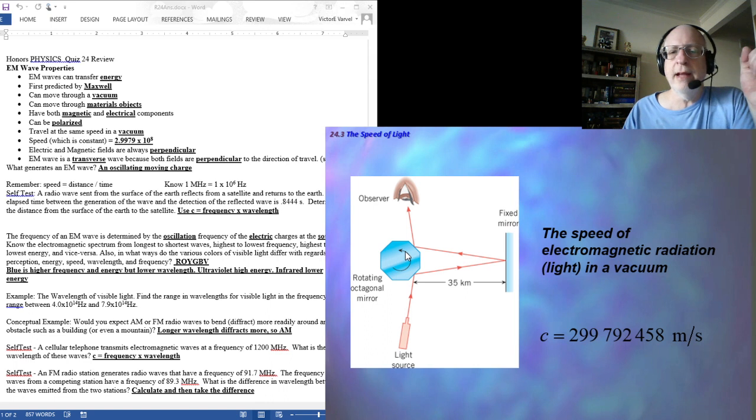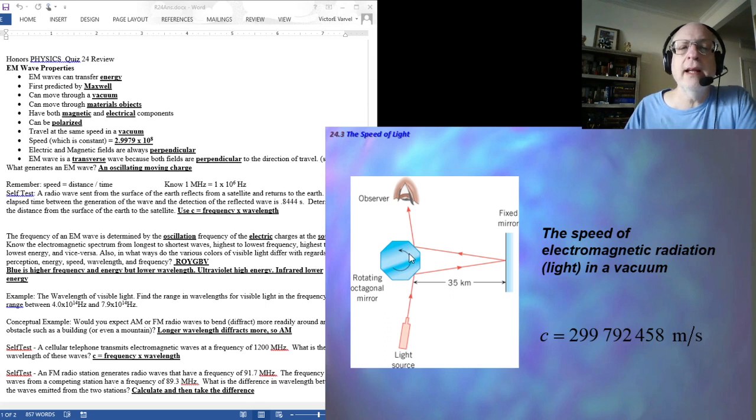I can't remember the exact distance, but with experiments like this, you can measure the speed that the mirror is rotating. And in this case, this light has gone 70 kilometers, because you want a long distance to get an accurate reading. You can measure how long it takes this to spin, which would equal the time it takes the light to go 35 kilometers. So you have a distance and you have a time, and you divide and you get speed.